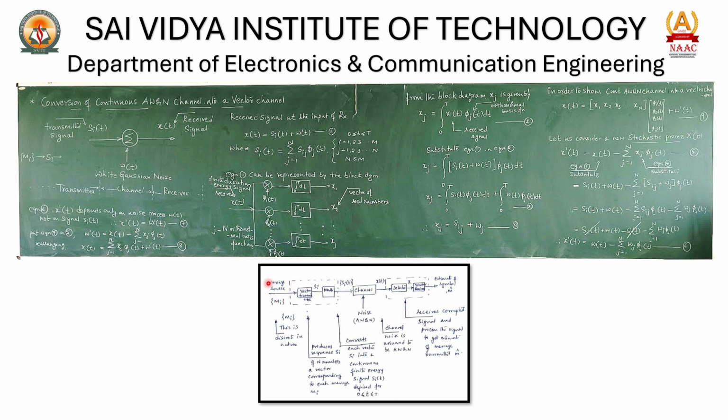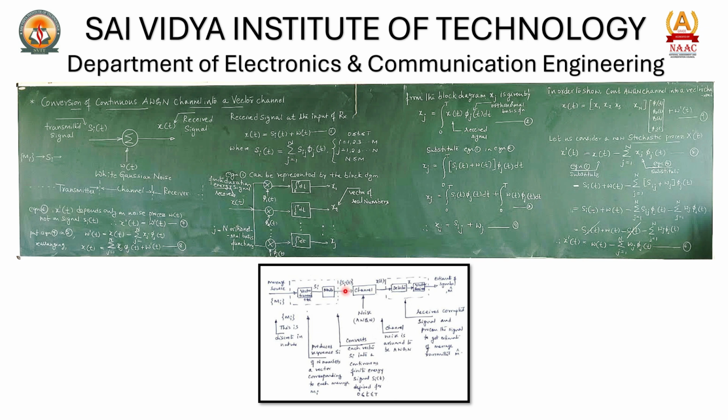Here we have a message source, and this message source emits a symbol. That symbol is converted to a vector of real numbers by the vector transmitter, and then the modulator converts that vector of real numbers into a finite duration energy signal.